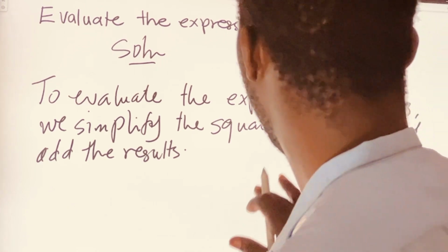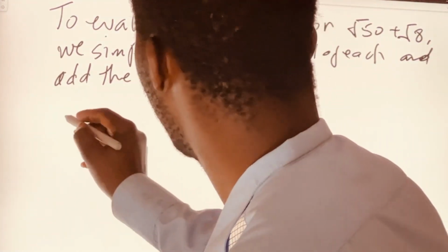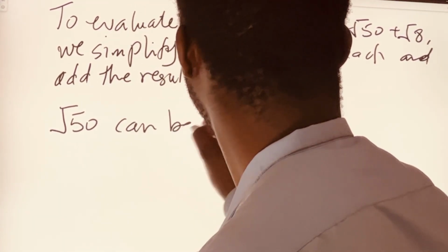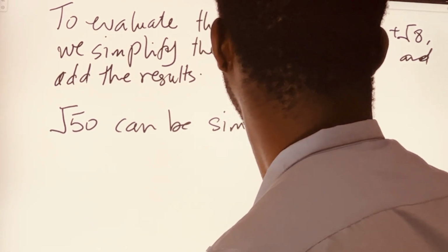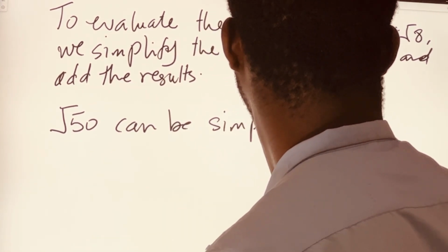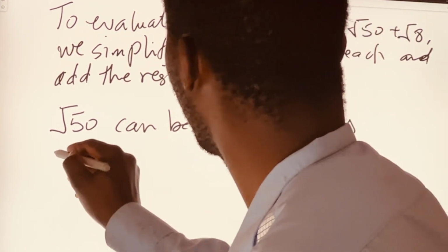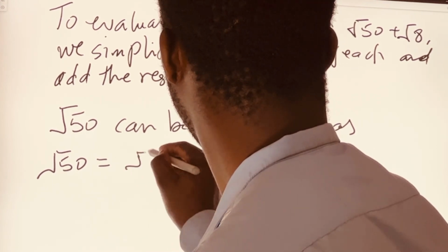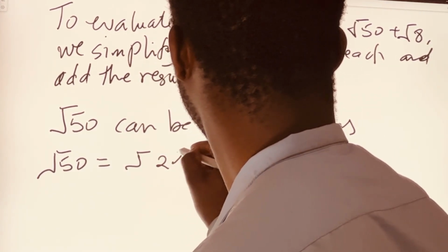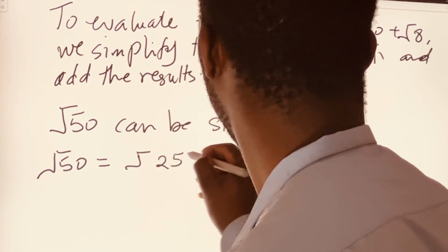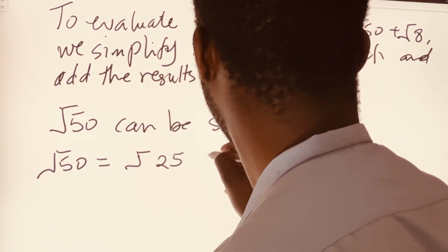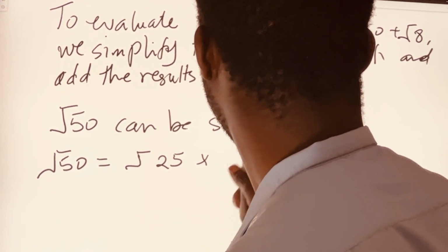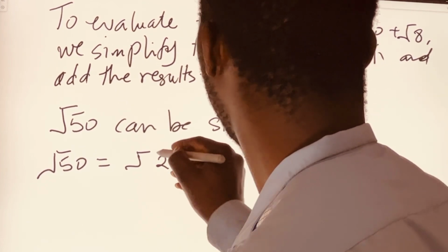So here, what we're going to do, we say the square root of 50 can be simplified as, so here we're going to say square root of 50 is the same as square root of 25 times 2. Then put this in bracket.